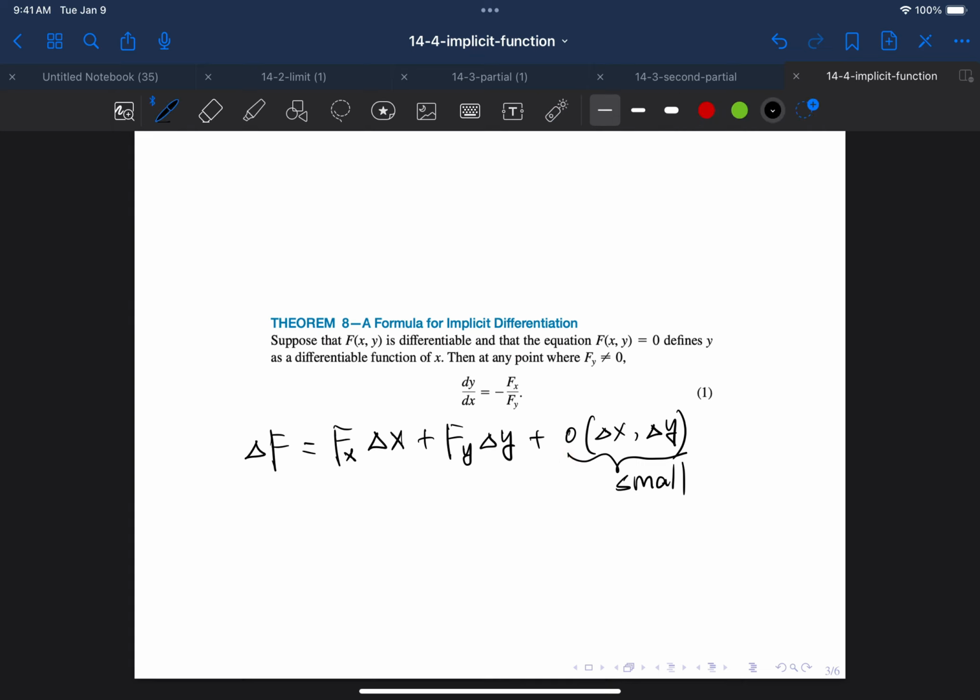And in that case, we come to the differential of the given function. So delta becomes d, which means differential. Originally delta means change. Now d is differential, which is fx dx plus fy dy.